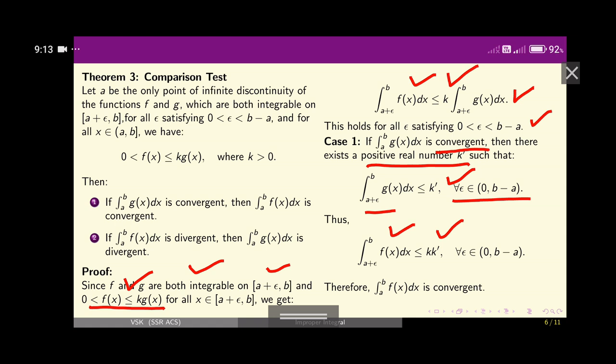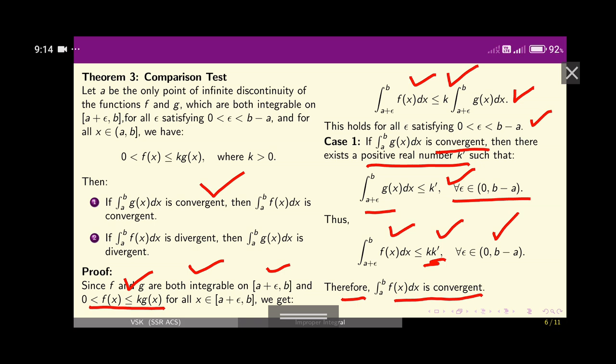That is, this expression is bounded by some constant for all ε lying in this interval. Therefore, using the previous theorem, we can say the integral from a to b of f(x) dx is convergent. So this first part we have proved.